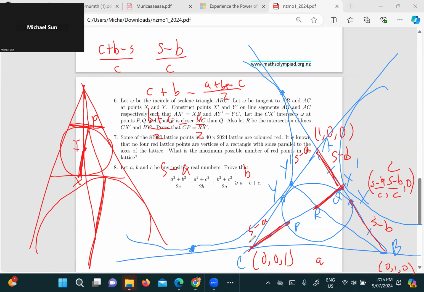It's S minus C, is it? Yeah. And this B is 0. So it's 0 in the middle, and S minus A on B, S minus C on B. All right. Yeah.